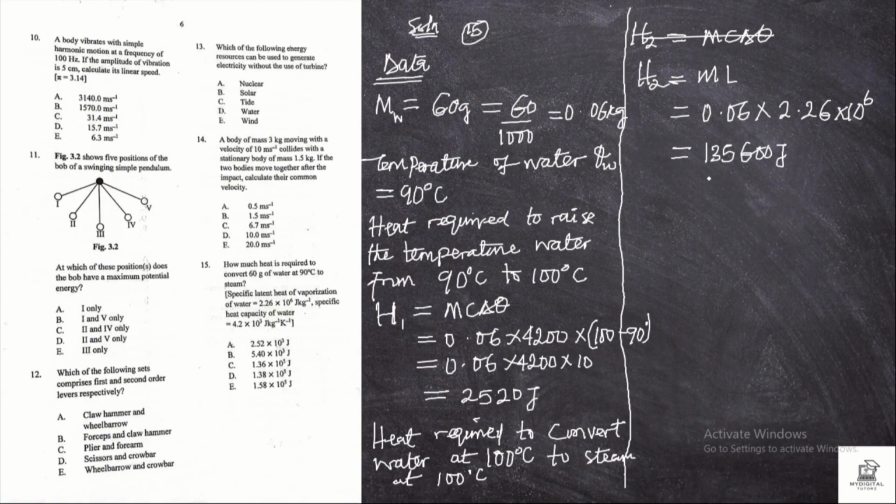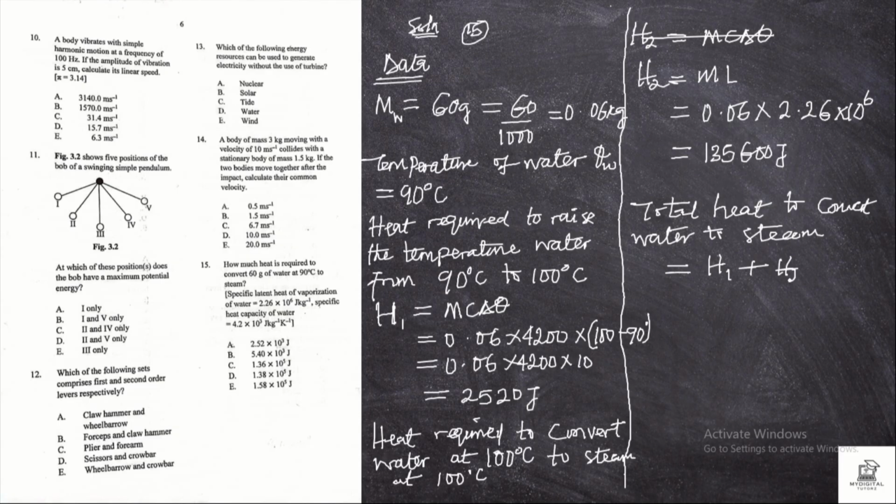Now, the total heat now is what we are going to calculate. Total heat required to convert water to steam will now be equal to H1 plus H2.